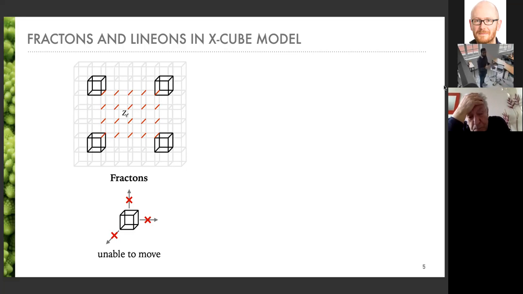So you take any pair of these excitations, any pair which lies either horizontally or vertically, and you can apply this rectangular operator made out of Z's, and this will move the 2 fractons. In other words, fractons really cannot move themselves, but they can move in pairs. So they can move in dipoles.